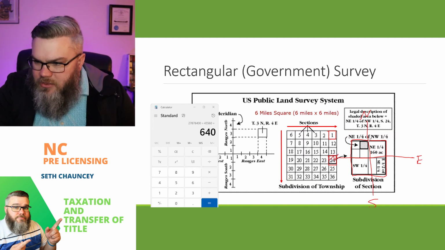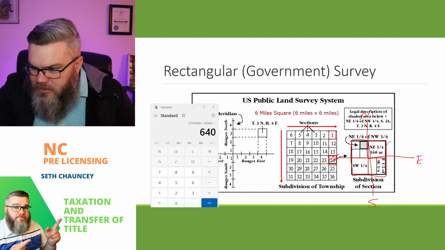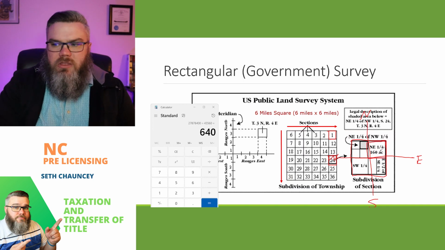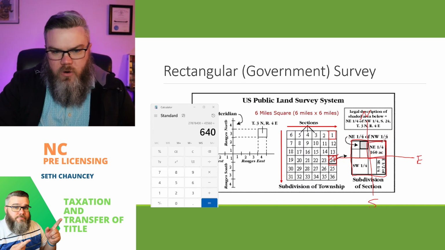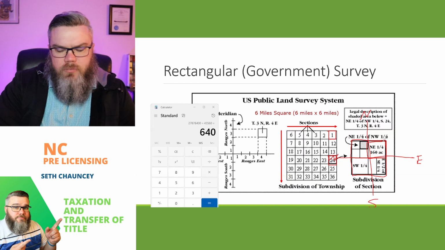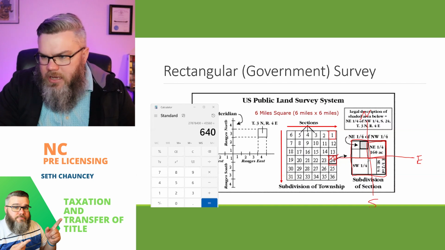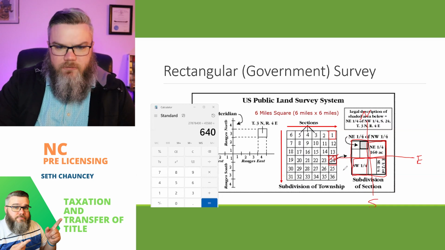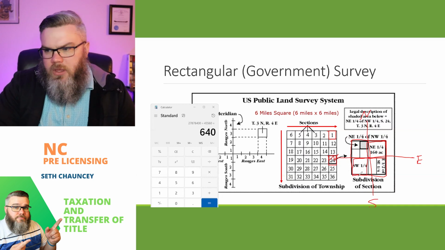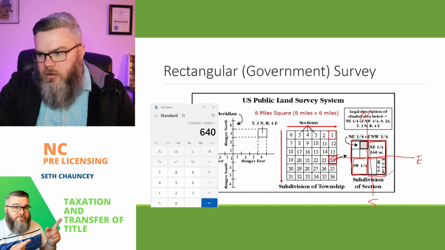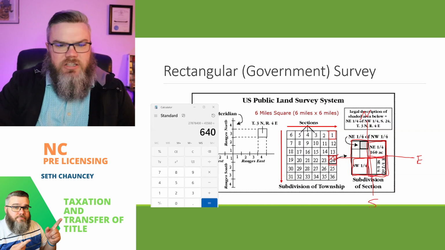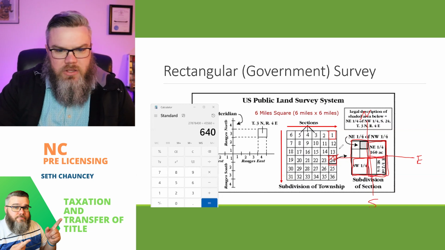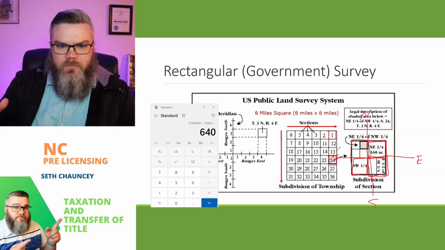If you were looking at this quarter of this section, this would be the northeast 1/4. If you were looking down here at this quarter, this is the southwest 1/4. If you're looking down here, this would be the southeast. Everybody see how that works, because of where you're falling in these north, south, east, and west quadrants?